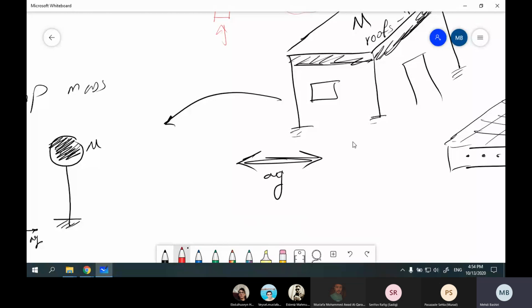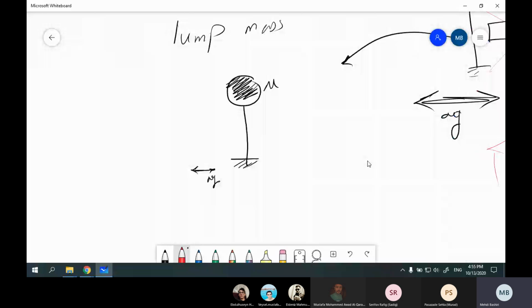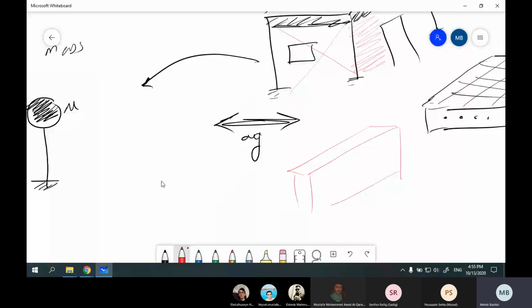I showed you one of them, braces, for example, or shear walls. Shear walls are thick, strong concrete walls. We use them to resist earthquakes. And these elements add stiffness to our structure.